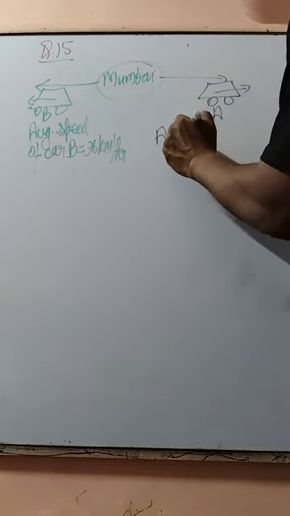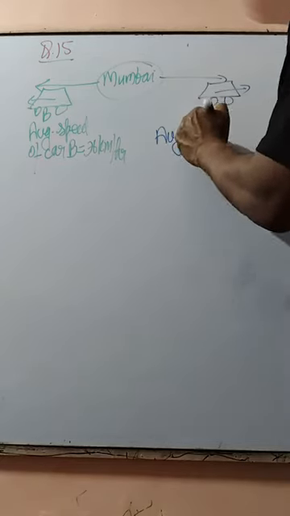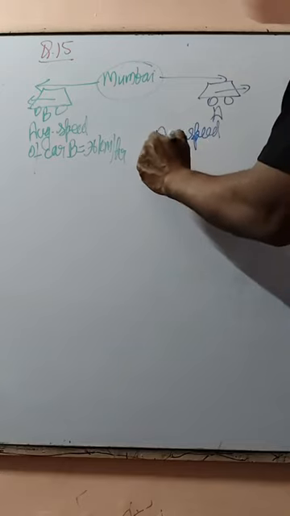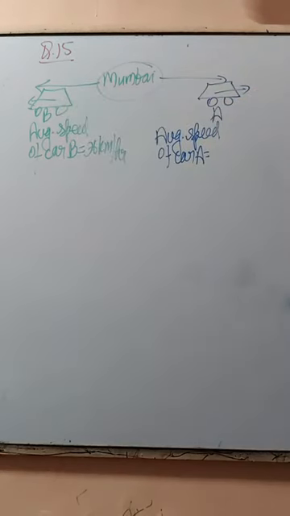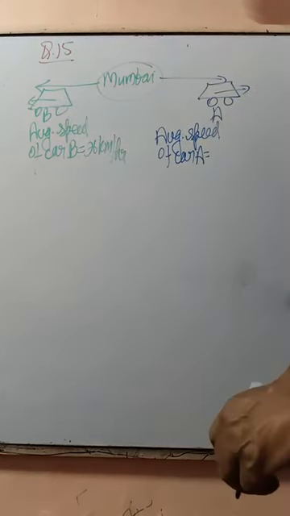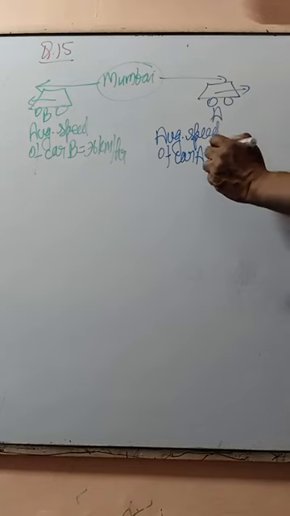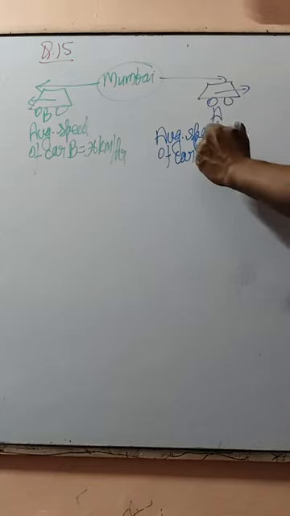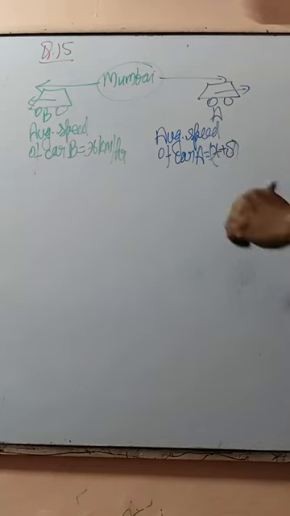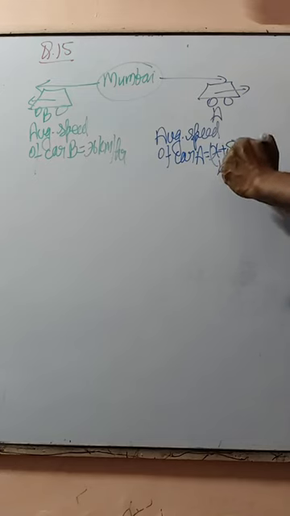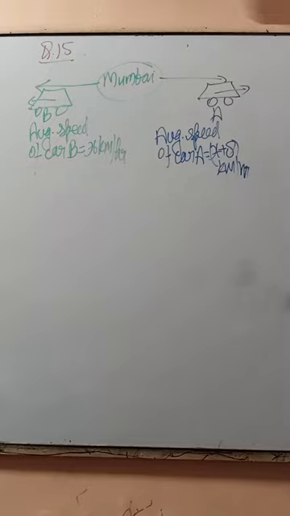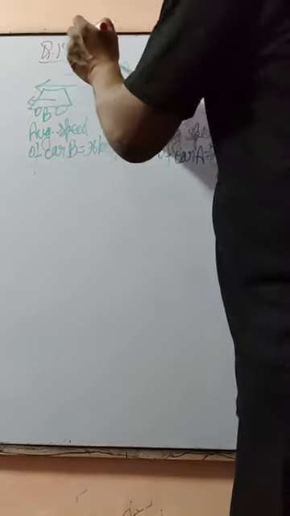The average speed of car A is how much given to you? 8 kilometers per hour more than that of B. So x plus 8 kilometers per hour. Right? Yes, sir. Now, what is written?